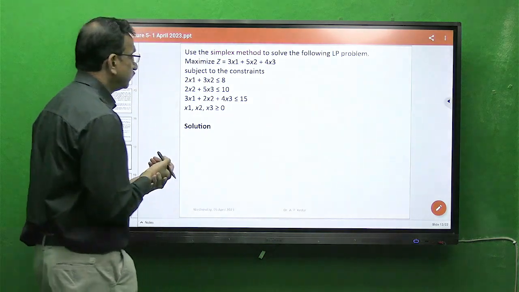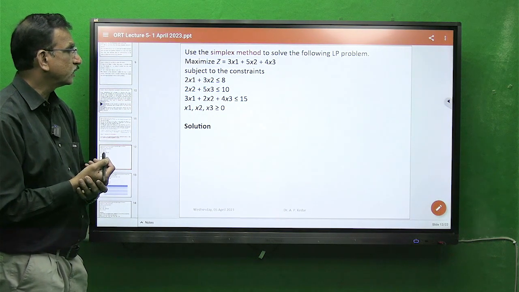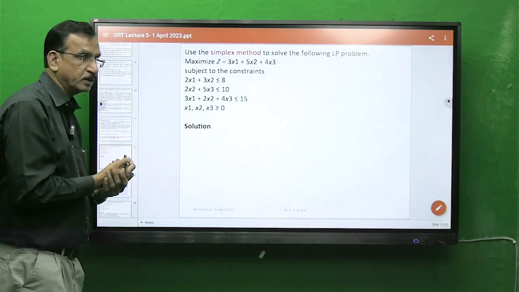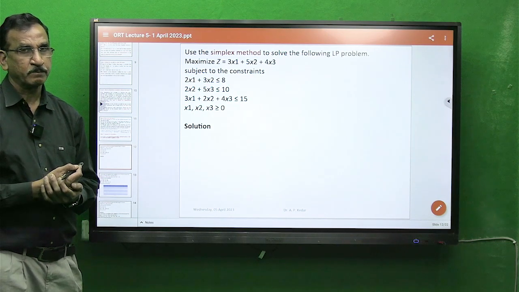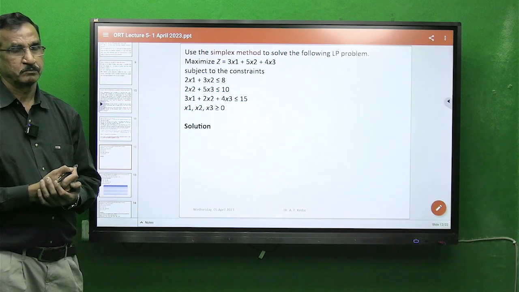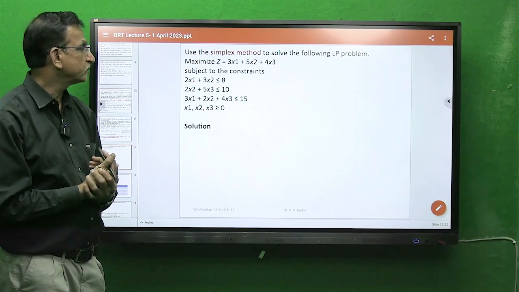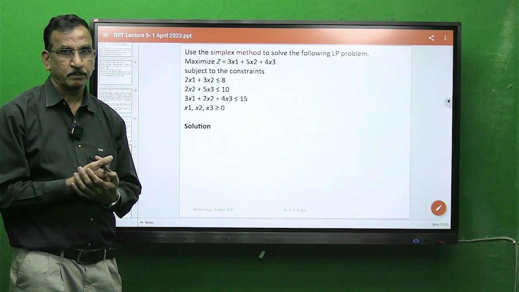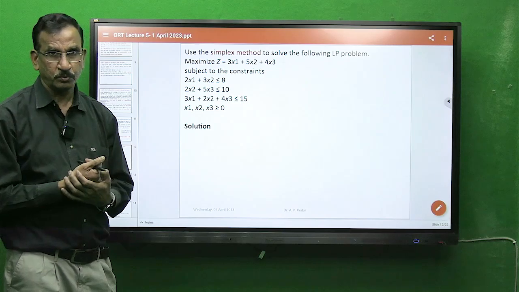Somebody will say, sir, how do you directly say solve it by the simplex method? Can we not solve this particular problem by the graphical method? Think for a while. Can I solve this problem by the graphical method? Obviously, your answer should be no.